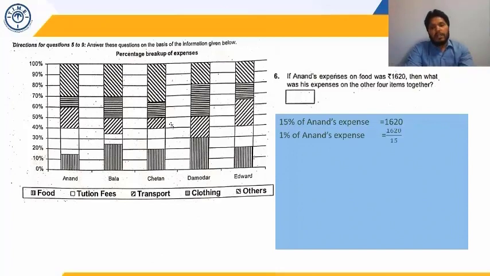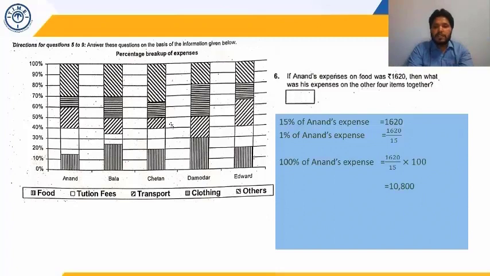Okay, let's move further. If 15% of Anand's expense is 1620, what we need to find out is expenses on other items. If 15% is on food, then the other is 85%. So we need to find out 85% of Anand's expense, and there would be multiple ways again to solve this question. It is the same kind of question, just for practice. If 15% is this much, then what is 1%? 1620 divided by 15.